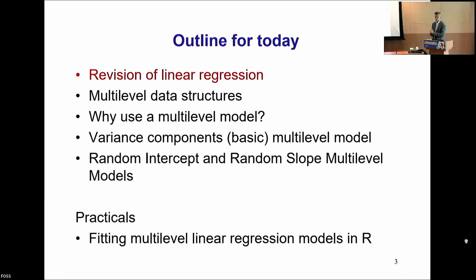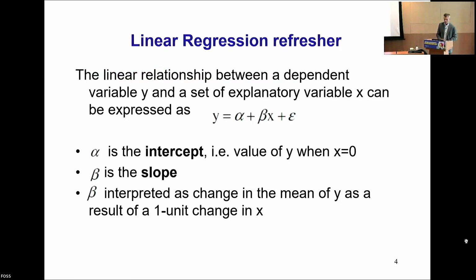Okay, so let's have a little test. You're not going to get scored, but just a little refresher of what linear regressions are. So hopefully you're all familiar with this type of equation where we're trying to model a dependent variable, an outcome, y, as a function of some explanatory variable x.